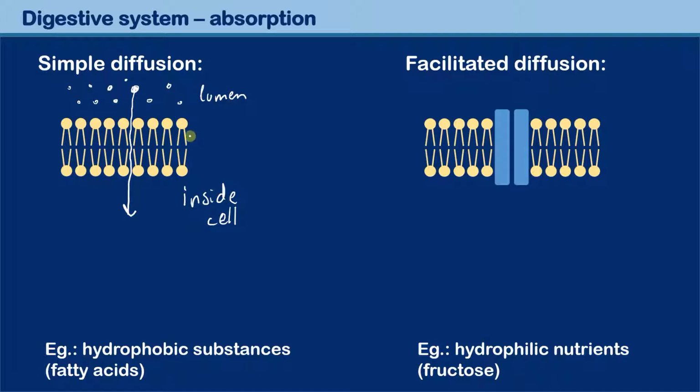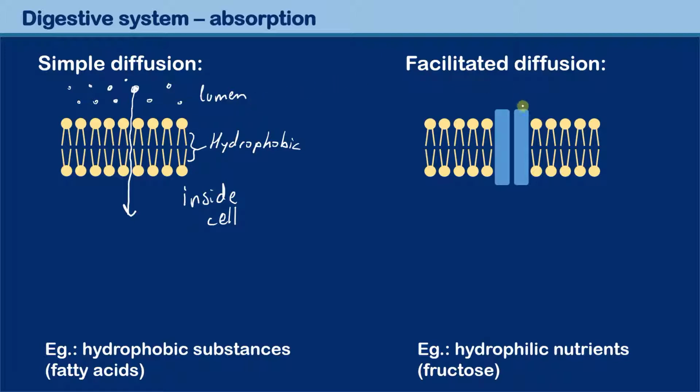Now the inside of the phospholipid bilayer is hydrophobic, and therefore only substances which are also hydrophobic are able to go through. But that is basically a form of simple diffusion, nothing special about this.